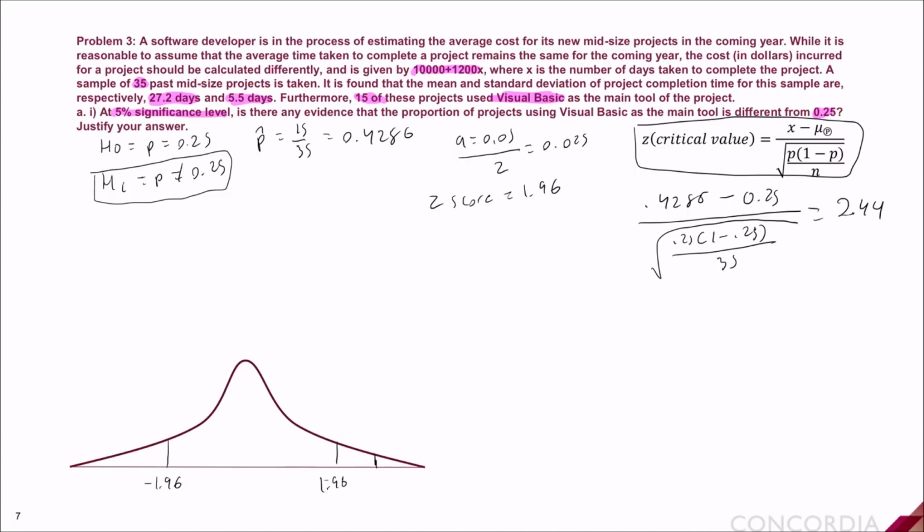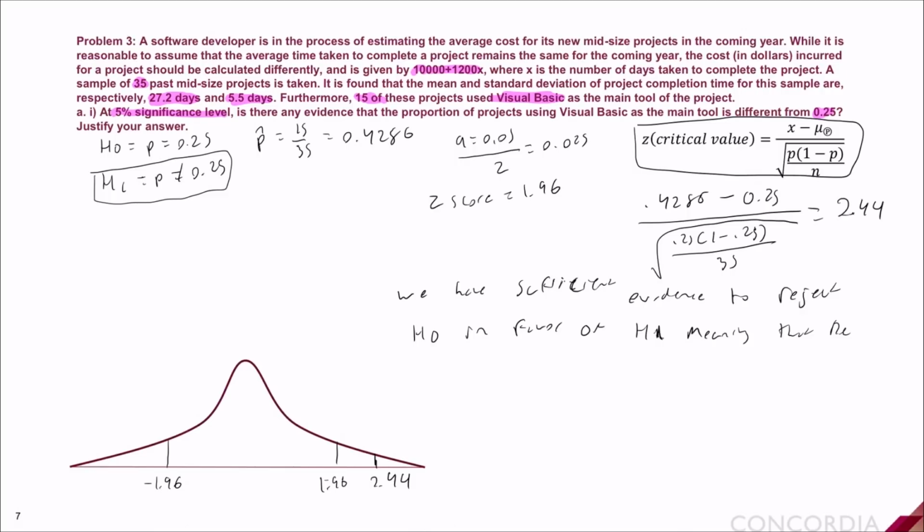And our test statistic happens to be to the right of our higher cutoff point at 2.44, which means we have sufficient evidence to reject H0 in favor of H1, meaning that the true proportion of projects using Visual Basic is not equal to 0.25.